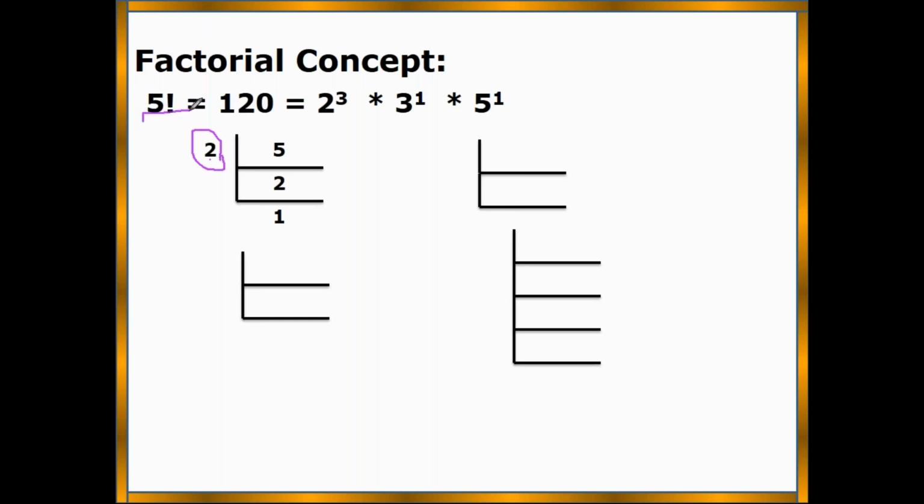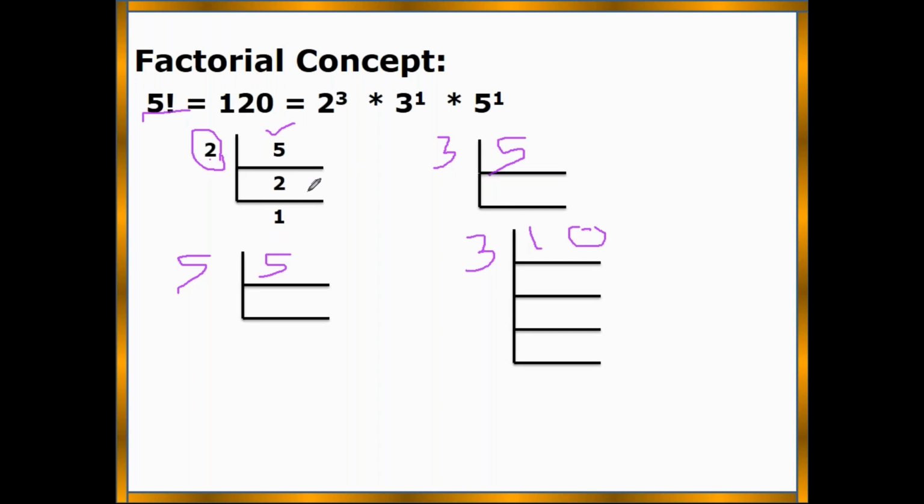In which factorial? 5 factorial. 5 is the number. If I want the power of 3 in 5 factorial, or the power of 3 in 10 factorial, the factorial becomes the number.